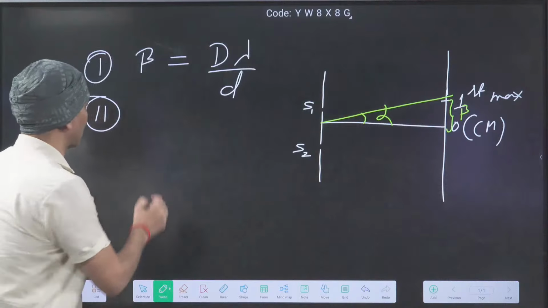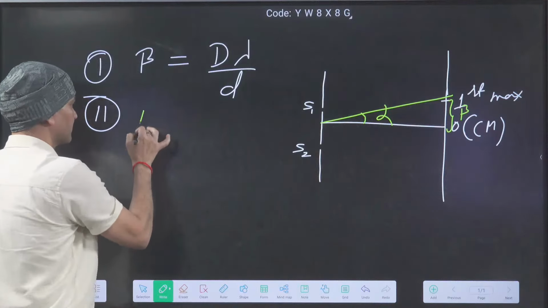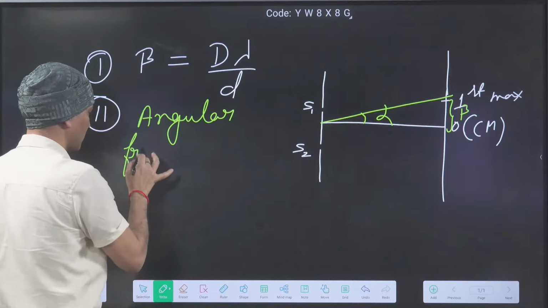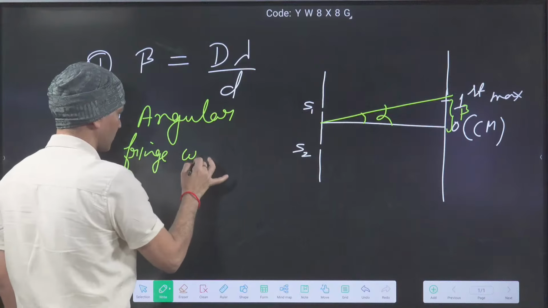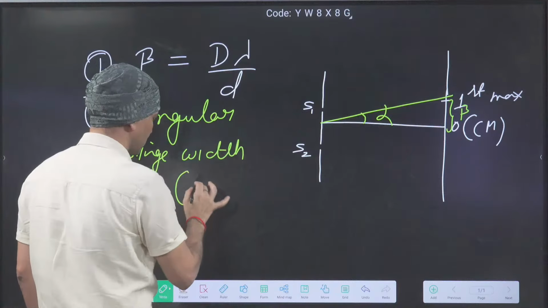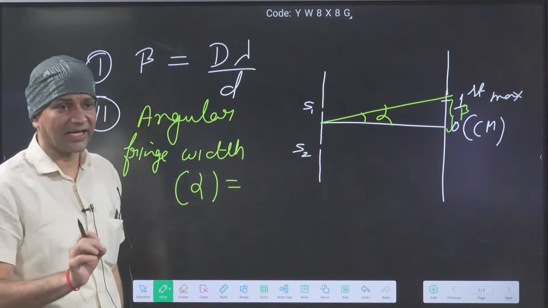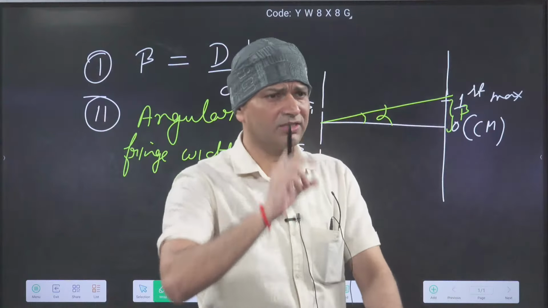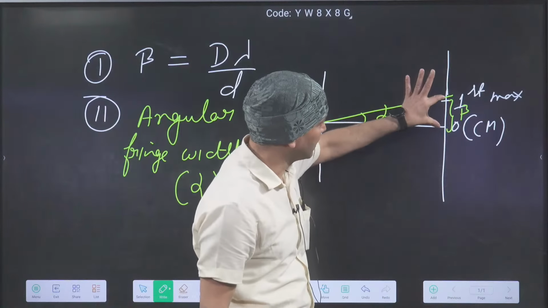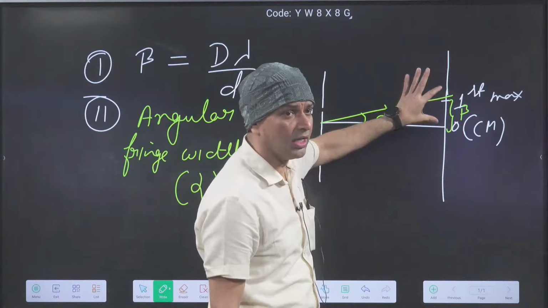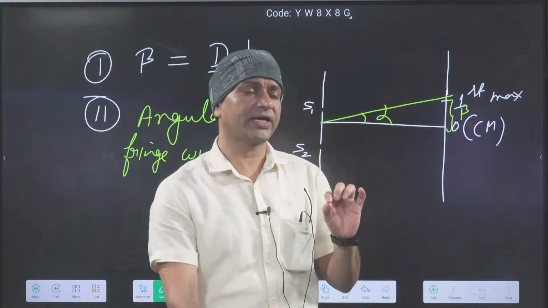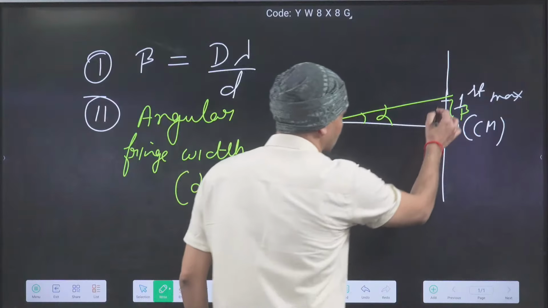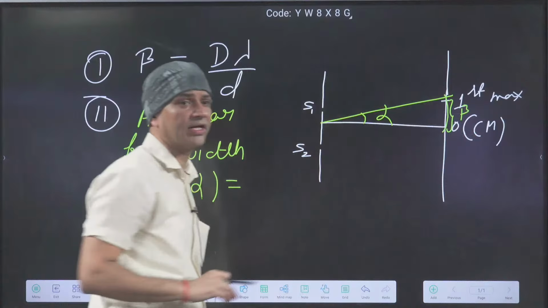So what is the angular fringe width? We know that angle is equal to arc upon radius. Here the fringe width is a very small quantity, so for a small angle, we can take the straight length as the arc length. So this beta we can take as an arc, because this angle will be very small.